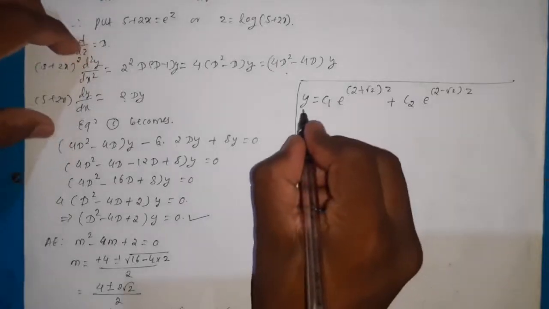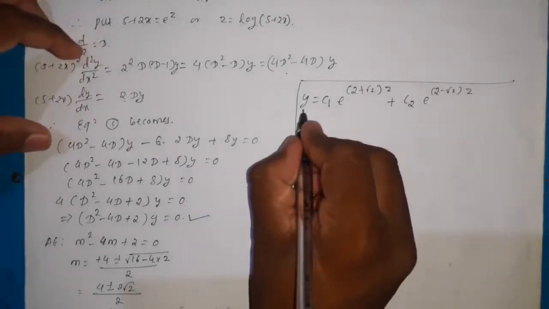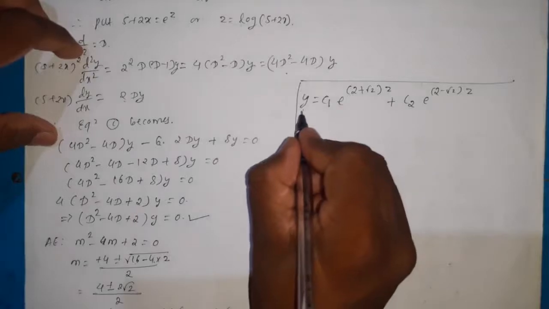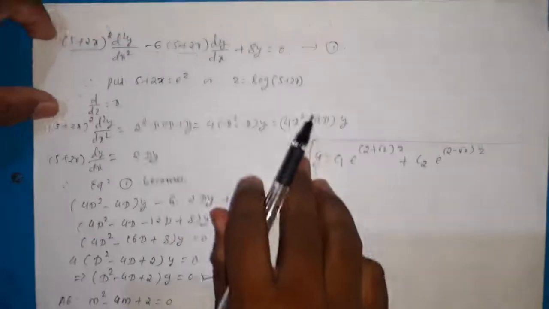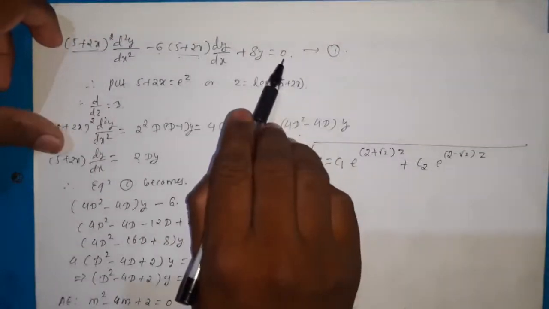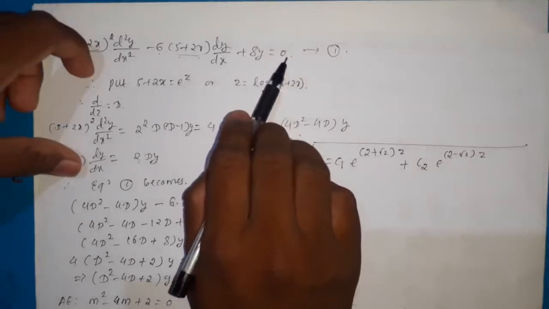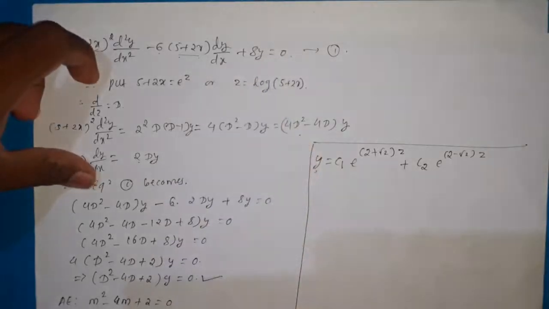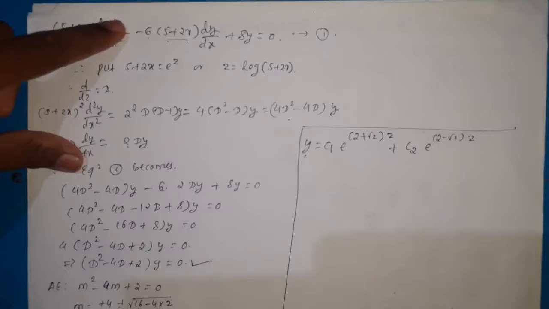Here we are writing y, not CF, because on the RHS we have 0, and whenever it is 0, the complementary function is the complete solution.